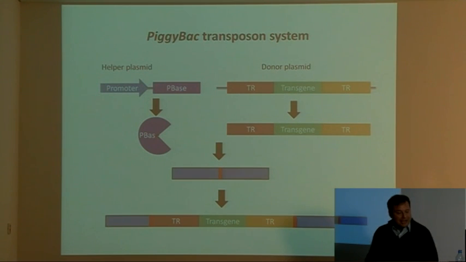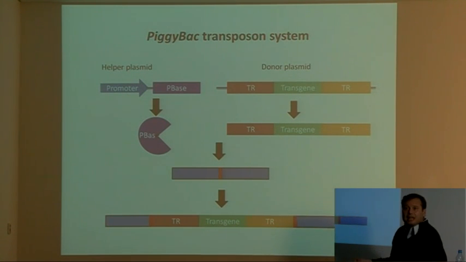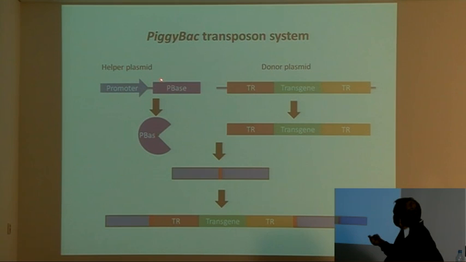To get around that, Fui Chen, another graduate student in the lab, just finishing his second year into his third, started to work on a system using a piggyBac transposase. Again, it's a plasmid-based, binary system: one plasmid codes for a piggyBac transposase, and that protein mediates the insertion of any transgene flanked by piggyBac terminal repeats.